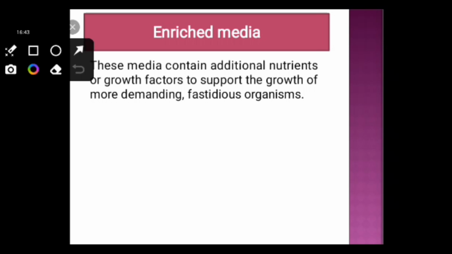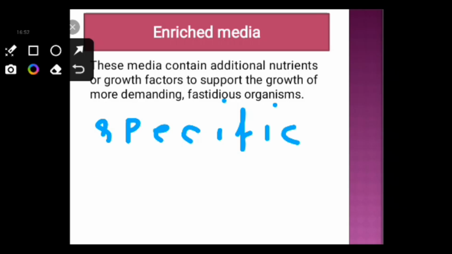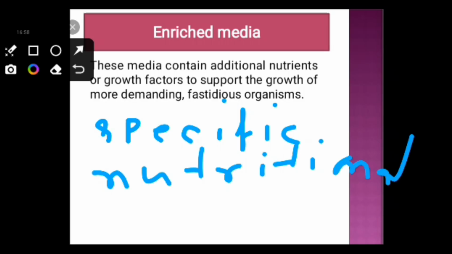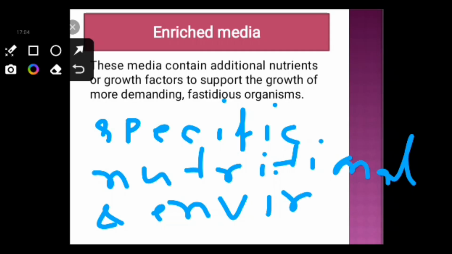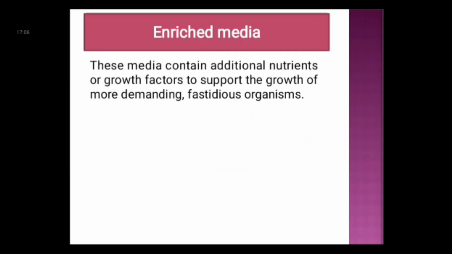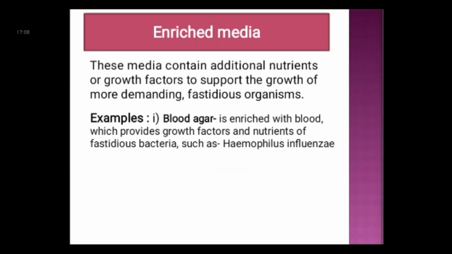Now, these fastidious microorganisms are those that have specific nutritional and environmental requirements to grow and reproduce.